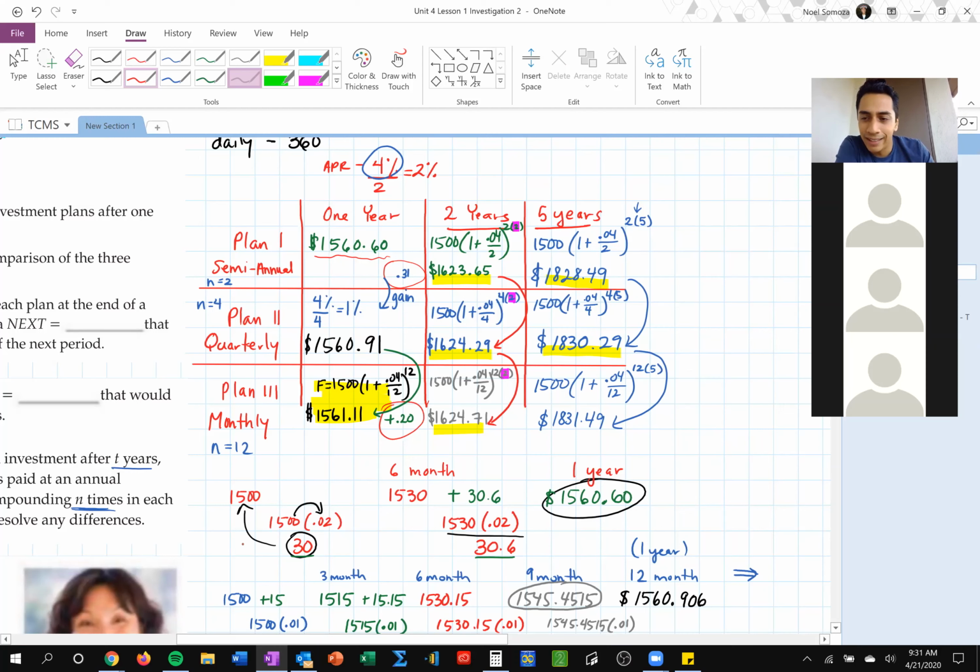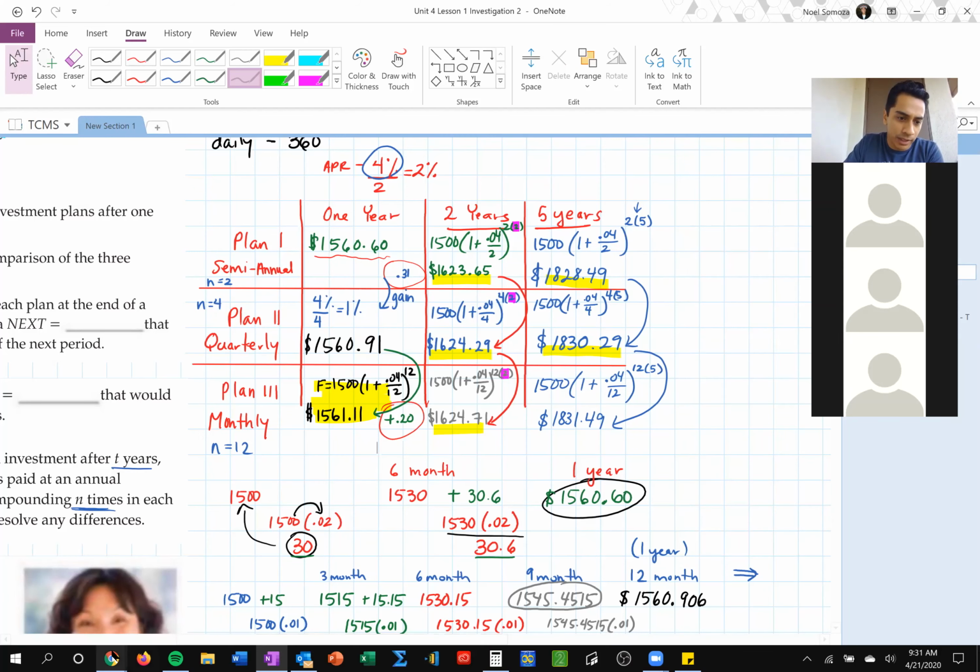And if you would have done it daily, you would have gotten more interest than if you would have done it weekly, and so on. So that's the idea of what it's trying to get to: the more frequently you compound something, the more interest you're earning. Whether it's small doesn't quite matter, but it's still earning you more.